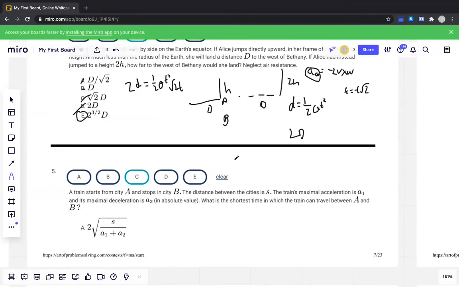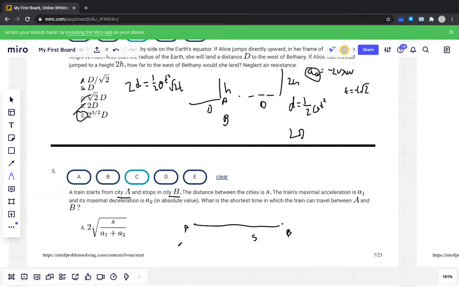Okay, for problem 5, we have a train that starts at city A and stops at city B. So we have a city A and a city B, and the distance between the two cities is s. The train's maximum acceleration is a1 and maximum deceleration is a2. What is the shortest time the train can travel between A and B?